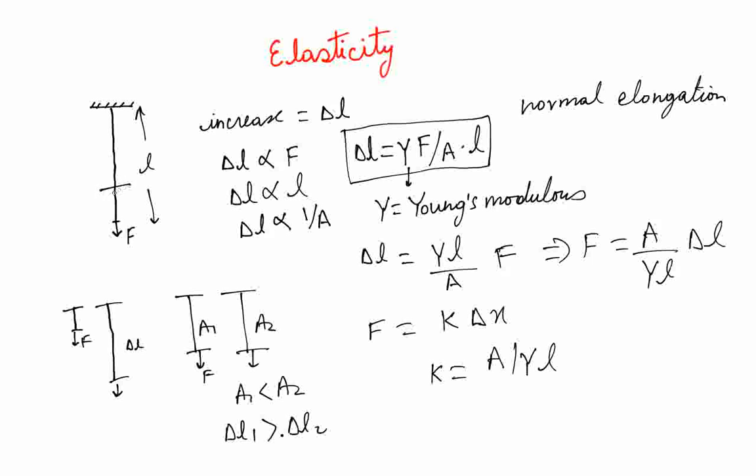So this is the surface, and the force is normal to it. If you see a cross section of the wire, this is how the force is acting. That's why it's a sort of normal elongation, and the term used is Young's modulus. Also, there is one more case in which we do not have normal elongation, like for example this case.